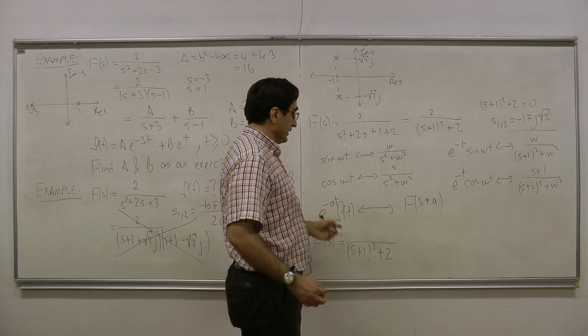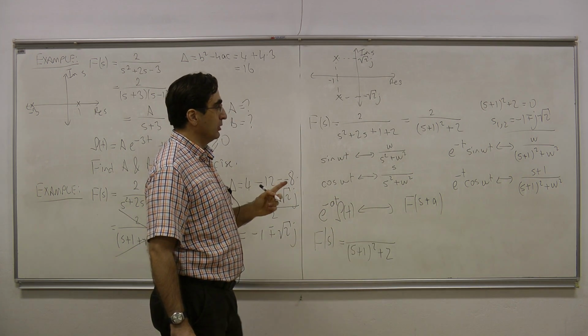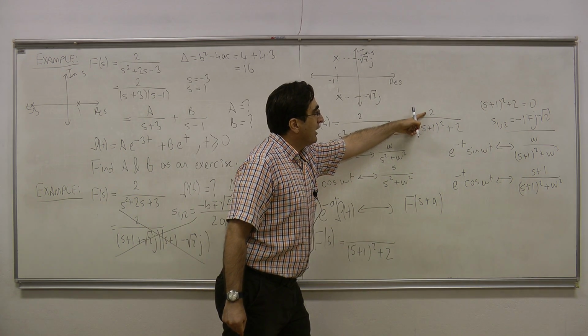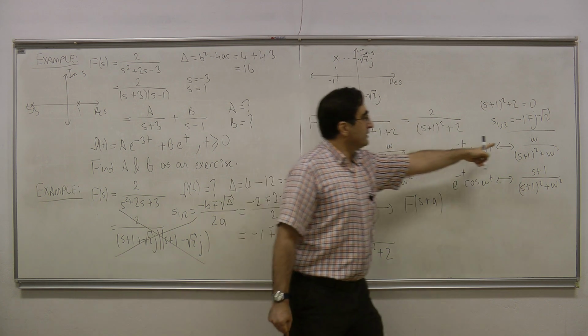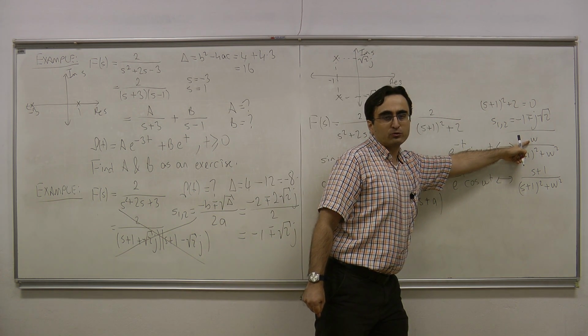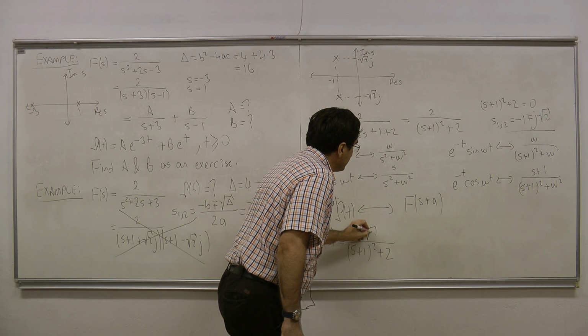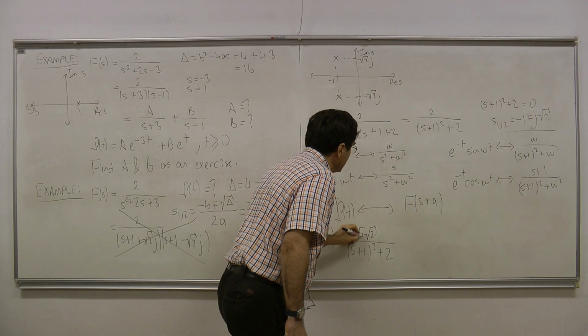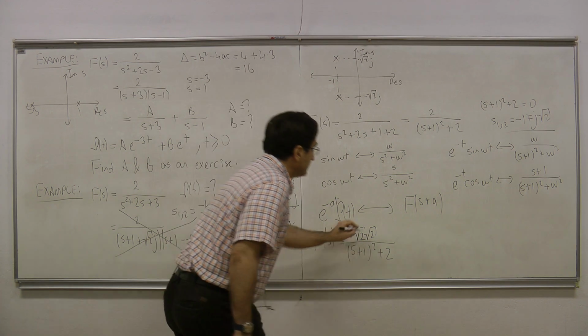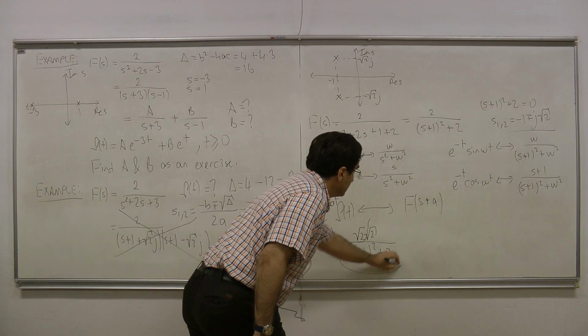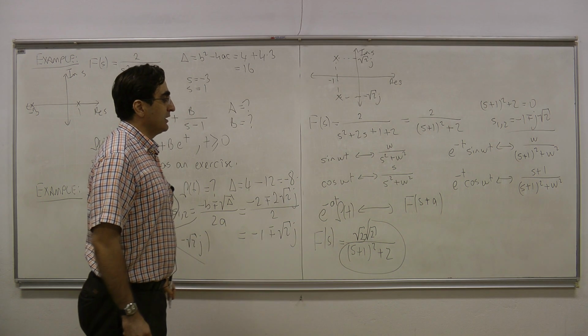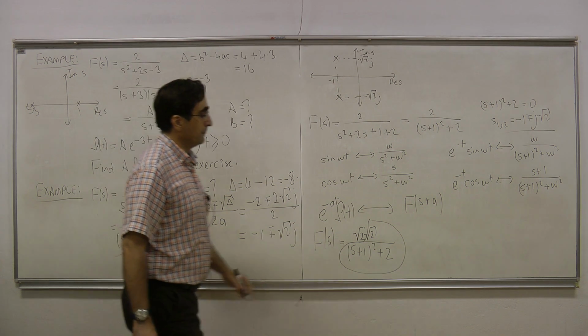So what is omega here? Omega is going to be square root 2. In the numerator I have just 2, but I need to have square root 2. So I'm going to write that 2 as square root 2 times square root 2. Then this is something I can take the inverse Laplace transformation of.